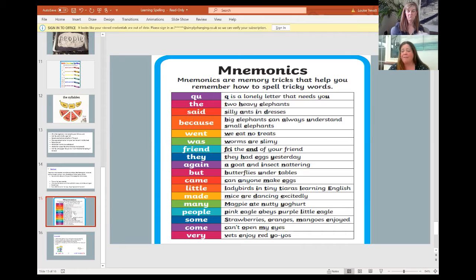But what I have experienced is children making up their own mnemonics to help them with words that they particularly struggle with. So, for example, I've had a little girl who always forgets how to spell does. She spells it D-O-S-E, which does make sense, and she's obviously just been spelling it like that for years.